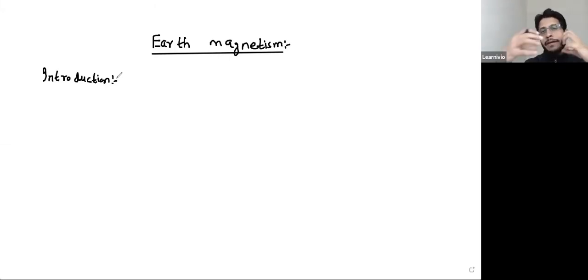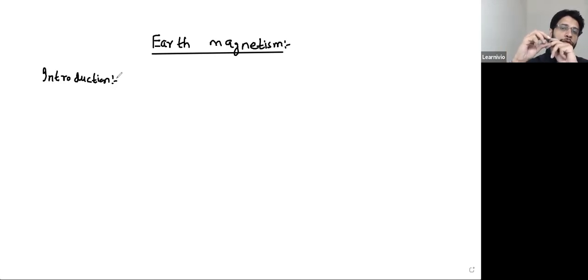This attraction shows that Earth itself behaves like a magnet. Earth has some magnetic field of its own. Due to that magnetic field, a freely suspended bar magnet experiences an attractive force.